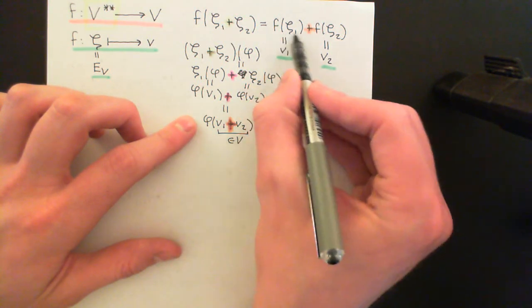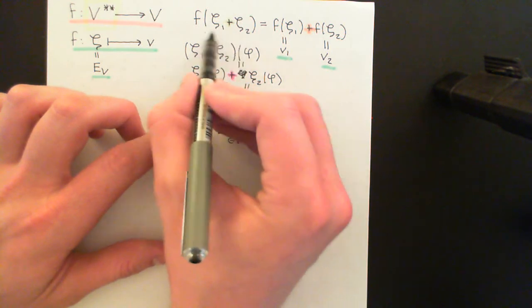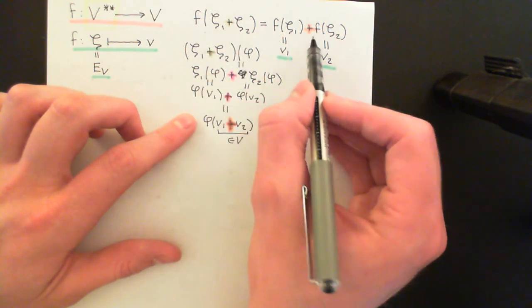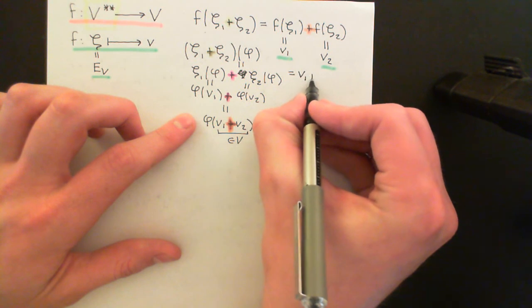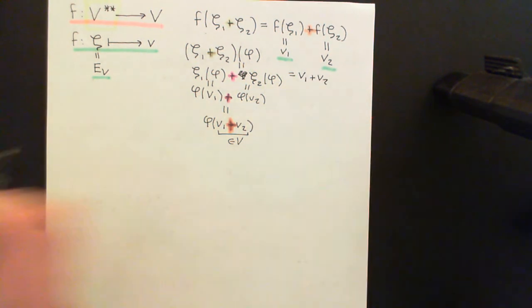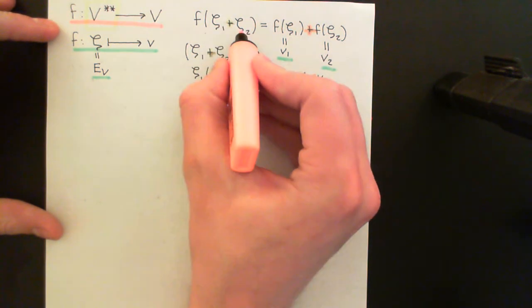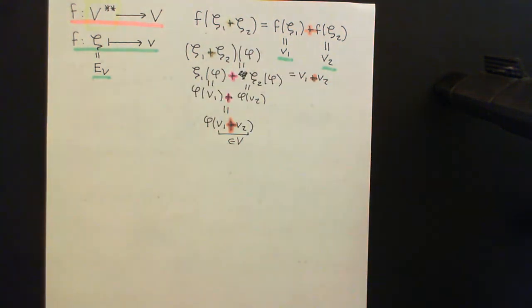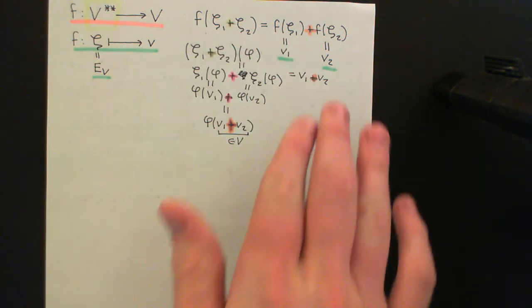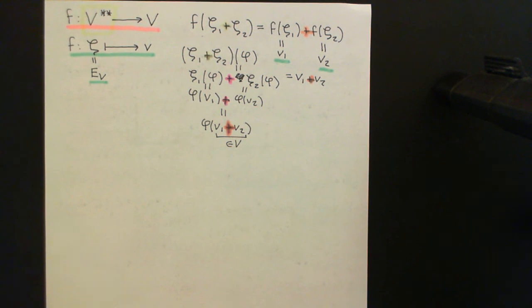But that's exactly what I wanted to say, that this element of the double dual vector space would be associated with, because if I look at this side, I'm saying that I want to associate it with v1 plus v2 in the vector space, but I've just shown that zeta 1 plus zeta 2 would be associated with the vector v1 plus v2. So indeed f will map zeta 1 plus zeta 2 onto v1 plus v2. So I've just done exactly what I wanted to do.